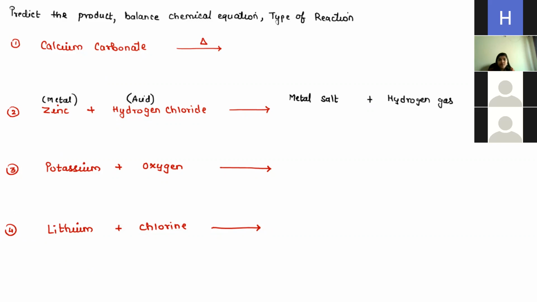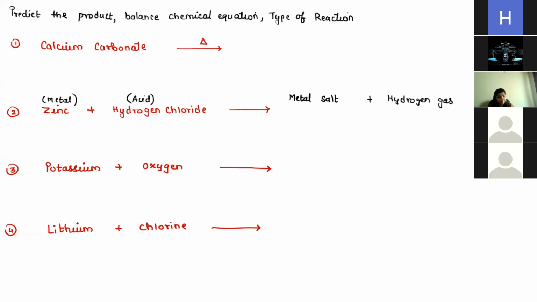Check your general equation. Miss, is the answer metal oxide and carbon dioxide gas? So metal oxide, but over here, which metal is it? Calcium. So you will get calcium oxide plus carbon dioxide.